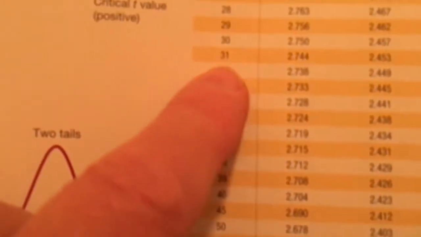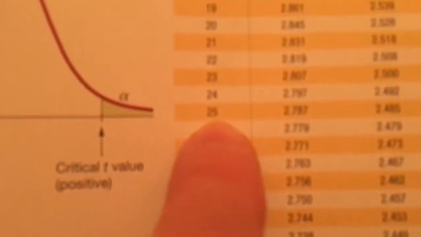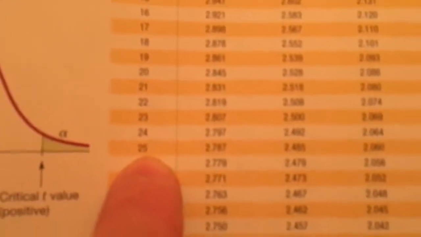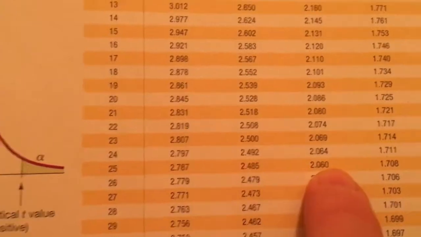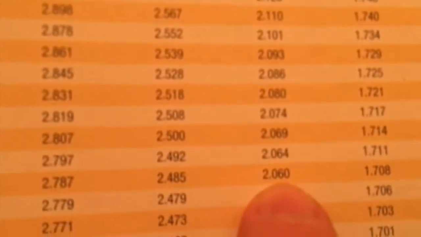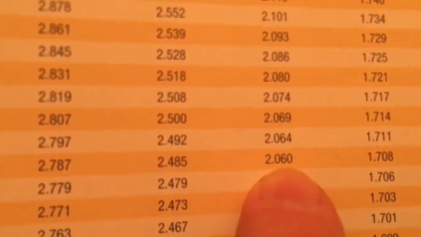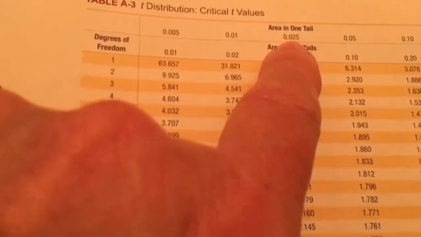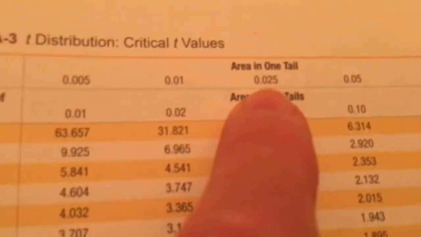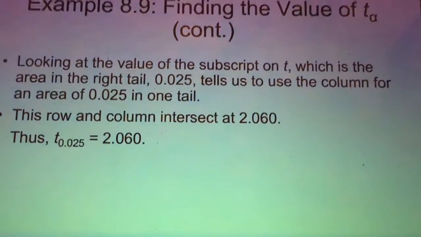Then we go down, my finger is at 25 right there. We go to the correct column, straight across to here, and we get 2.060 as the critical value that goes with the area of 0.025 in one tail. There we have it right there.